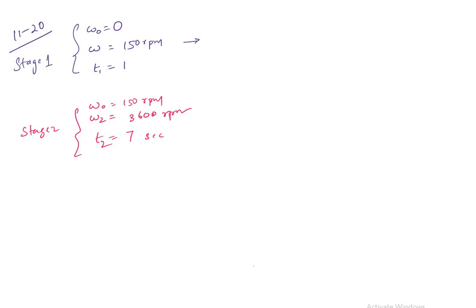Now let's convert 150 RPM to radians, because everything else we're going to calculate in radians. So 150 revs per minute times 1 minute is 60 seconds, and 1 revolution is 2 pi radians. We get 15.7 radians per second.